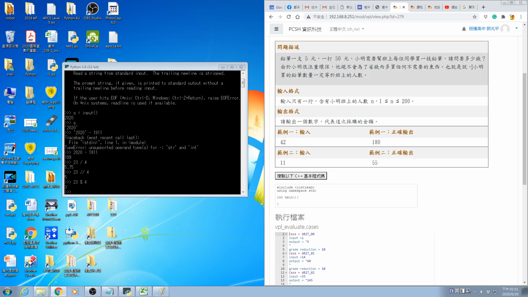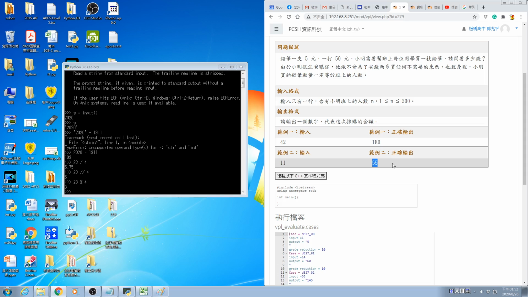That means the number of pencils that Ming buys is equal to the number of students in the class. Do you know what I'm talking about? Even if you buy a dozen, it will cost less, but he will still buy 11 pencils that cost $55. Is there any question? But how do you solve this problem?